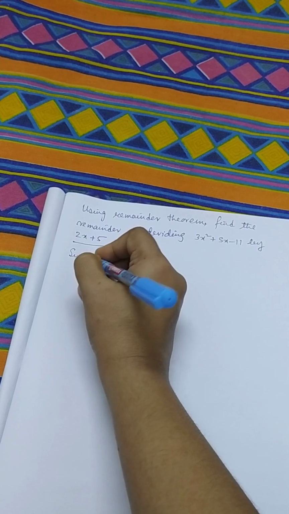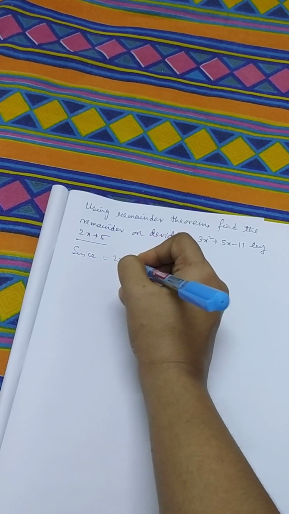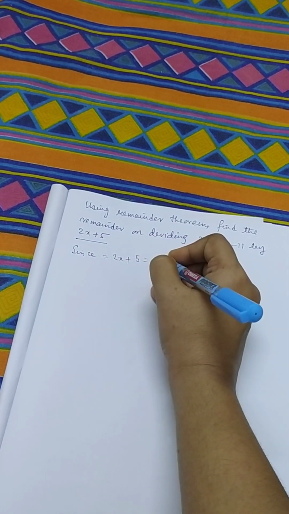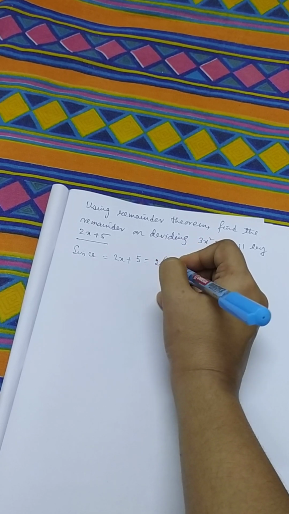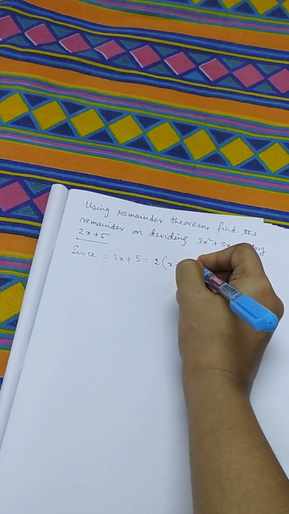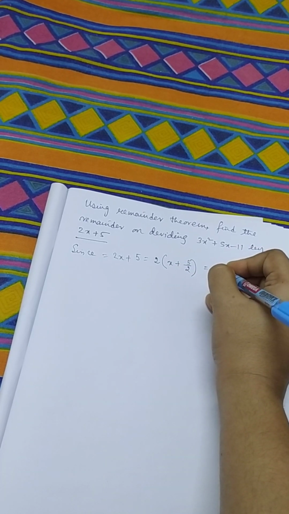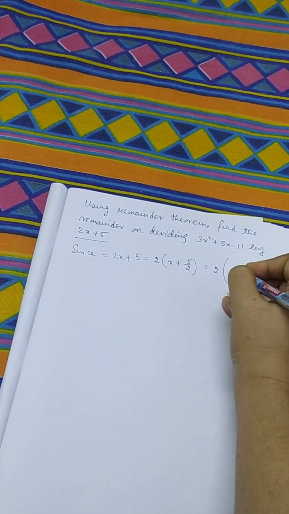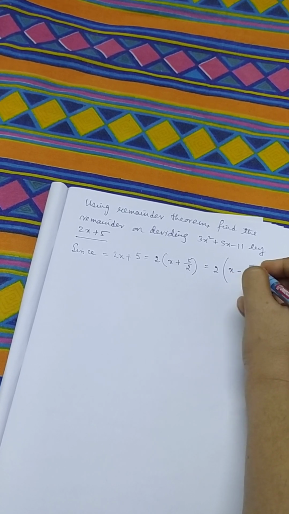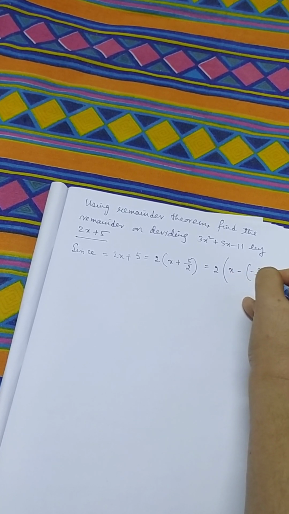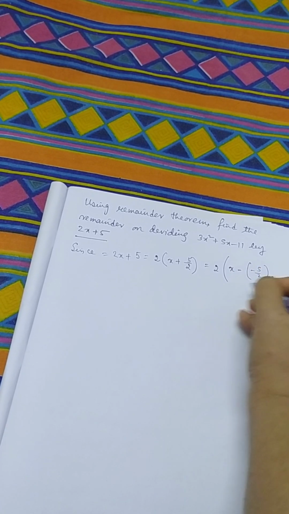Since 2x plus 5 is equals to 2 into x plus 5 by 2, that is 2 within bracket x minus minus 5 by 2.